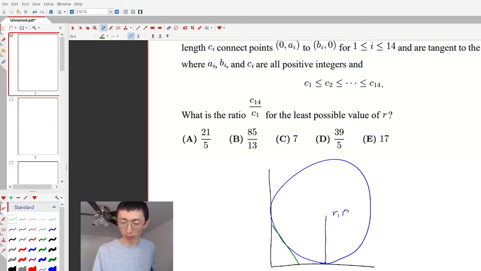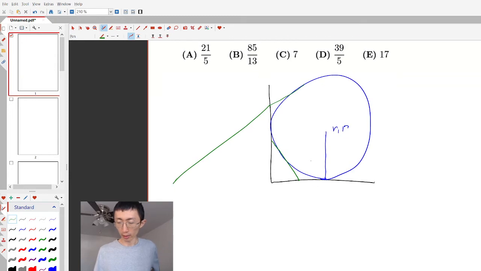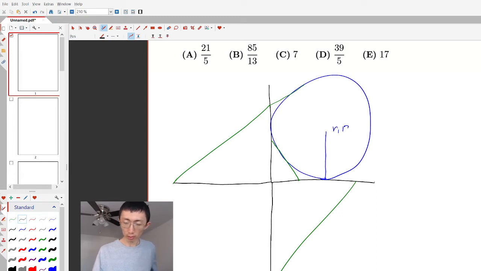Technically, I guess it could be like this. Or it could be like that. And the circle would be the excircle of this triangle, this triangle, and this triangle, in those three configurations.